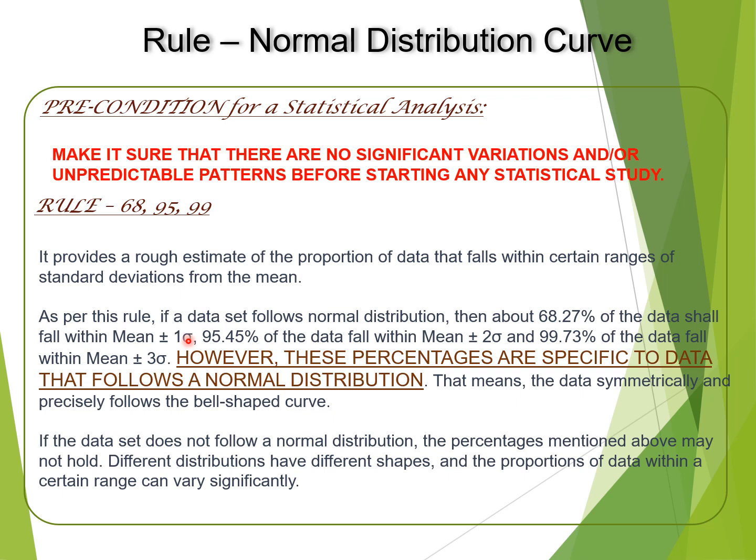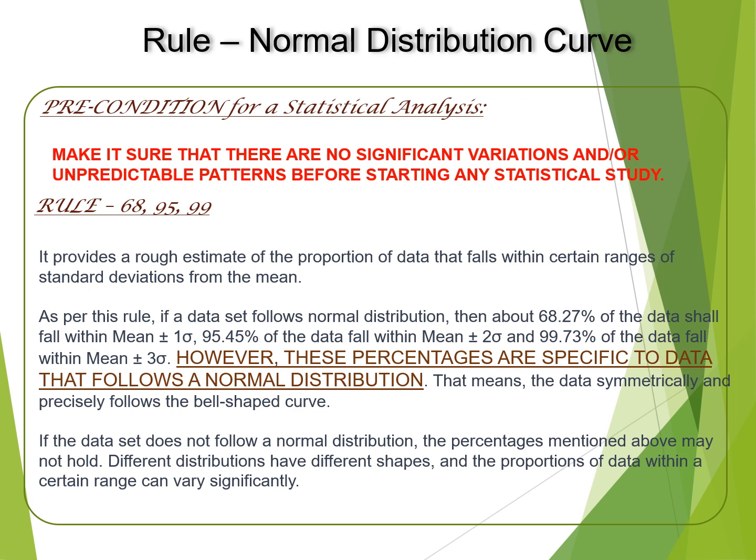Sigma is standard deviation. So mean plus minus 1 into standard deviation. If our data set is following a normal distribution curve, then 68.27% of the data shall fall within this range.